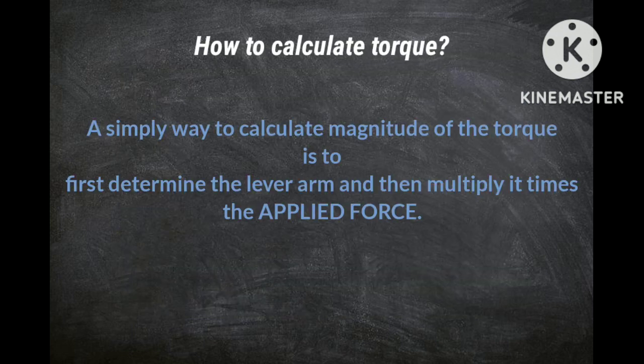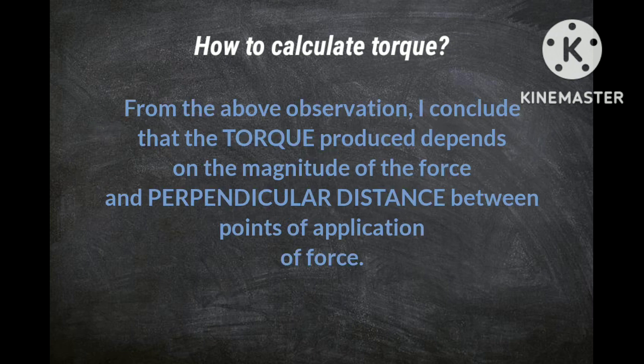A simple way to calculate the magnitude of the torque is to first determine the lever arm and then multiply it times the applied force. From the above observation, I conclude that the torque produced depends on the magnitude of the force and the perpendicular distance between the points of application of force.